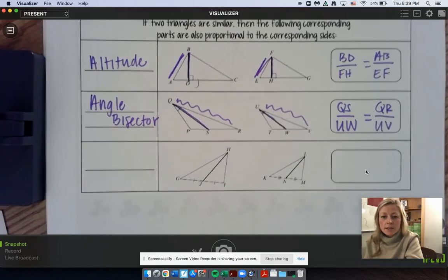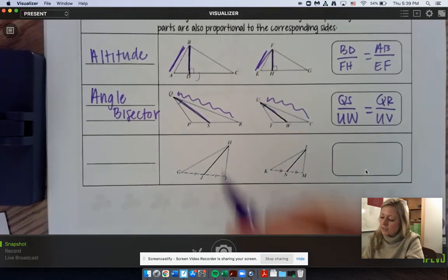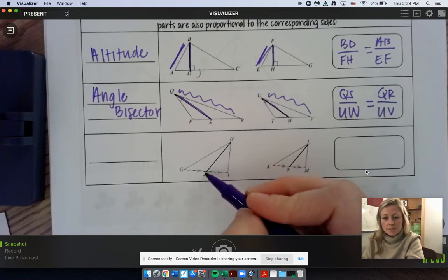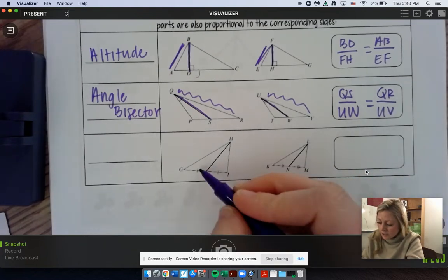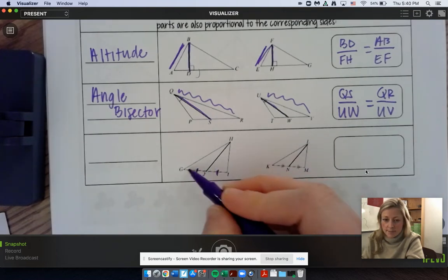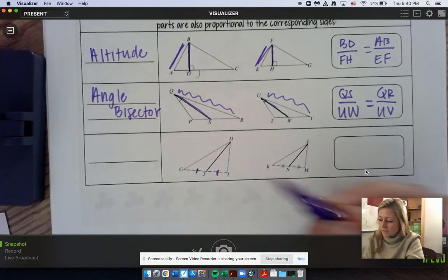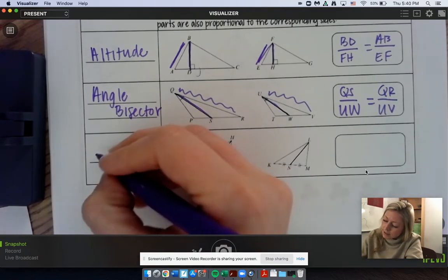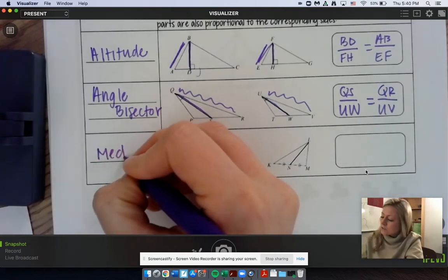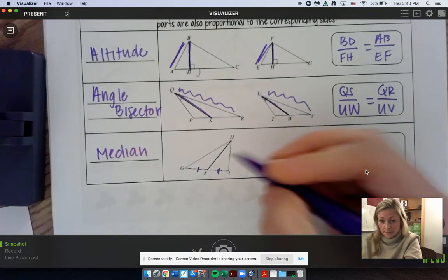Our last one here goes from the vertex to the midpoint of the opposite side. How do I know it's the midpoint? Remember, those tick marks are telling us this distance is the same as that distance, so it's in the middle of that side. If you're thinking, starts with an M, rhymes with median, it is the median. So again, we're going to play the matching game.